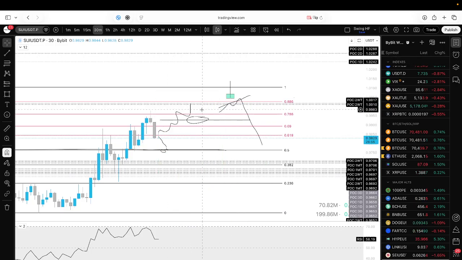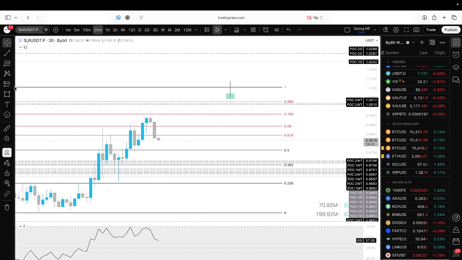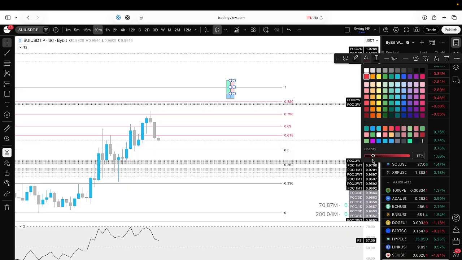The other setup you can wait for is an SFP with confirmation on the footprint, okay? With a candle full of buying pressure here on the left side. Let's make this blue as my candle so it's clearer for you. Lot of buying pressure here and few selling pressure here, like this, okay?